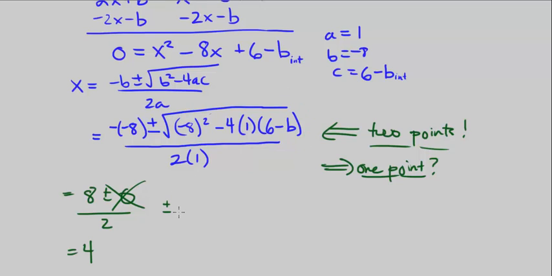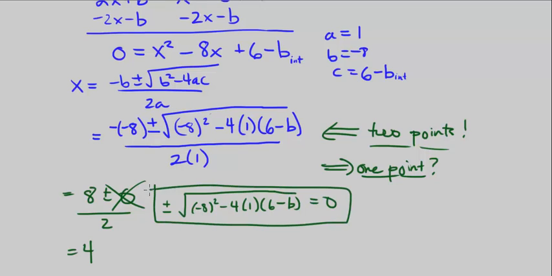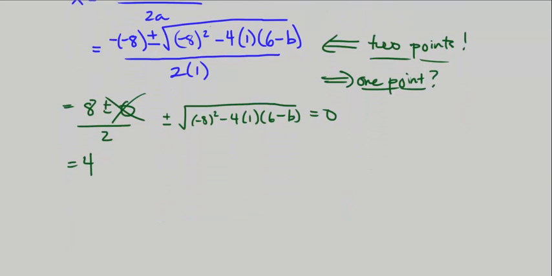If plus or minus square root of negative 8 squared minus 4 times 1 times 6 minus b, if this whole thing is equal to 0, right? This is what we need to do, and then solve for b. Okay?